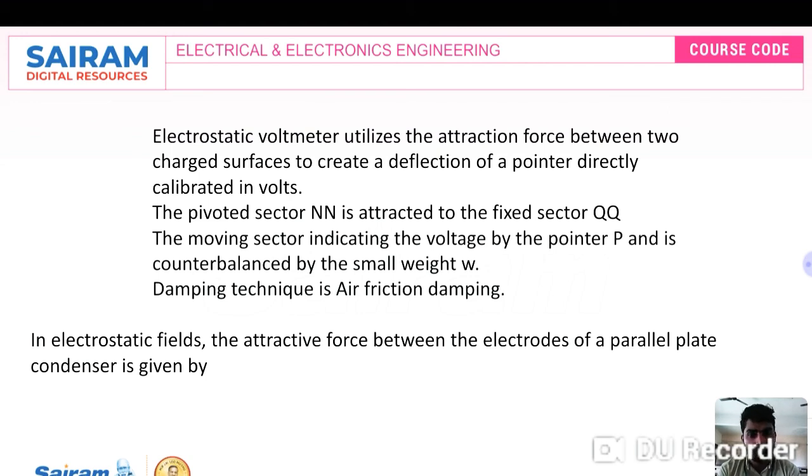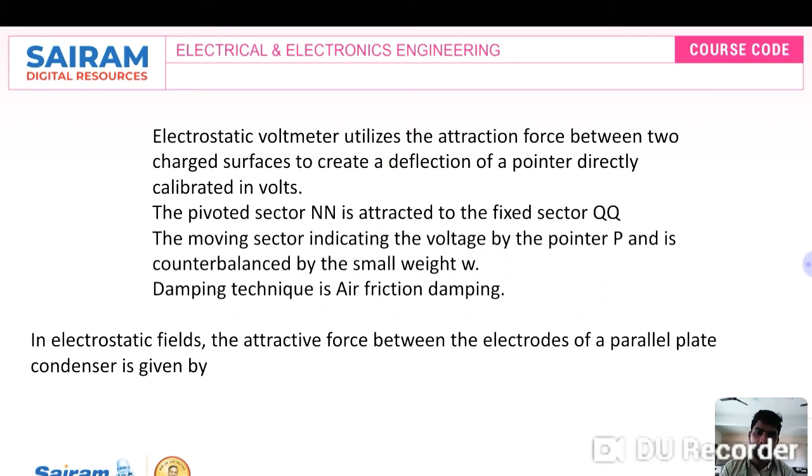The pivoted sector NN is attracted to the fixed sector QQ. See here, NN is the moving coil and QQ is the fixed coil. In mechanical measuring devices there is one moving part and another fixed part.